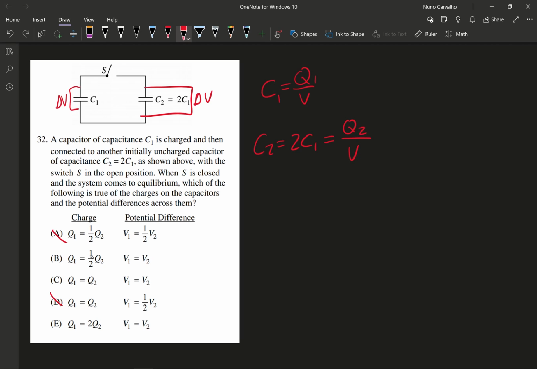Since Q1 is equal to C1 times V, Q2 is going to be equal to 2 times Q1, and so Q1 is equal to 1/2 of Q2, like so. And so the correct answer here is B.